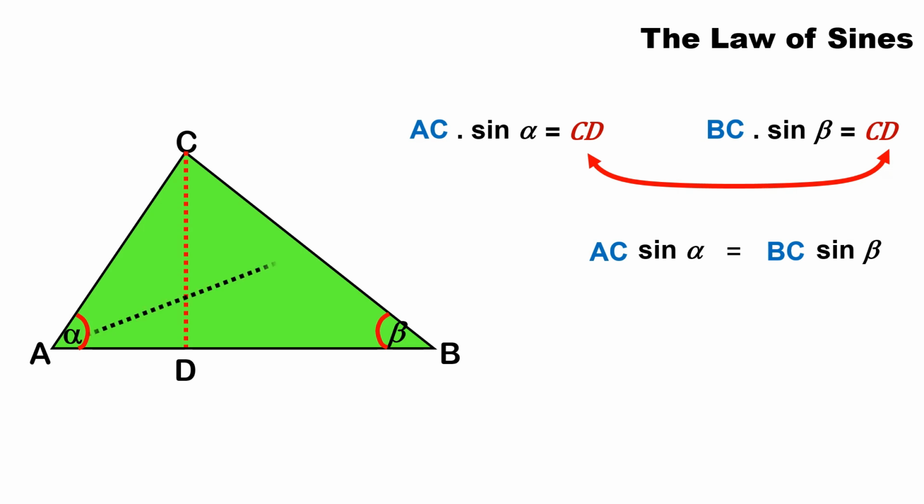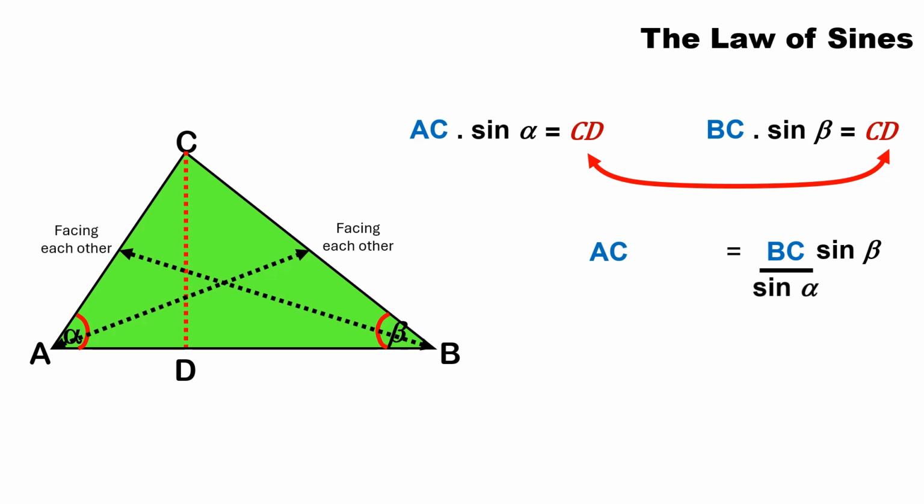Note the location of the sides and angles involved. Side BC is opposite angle alpha, so BC is proportional to sine alpha. Side AC is opposite angle beta, so AC is proportional to sine beta.